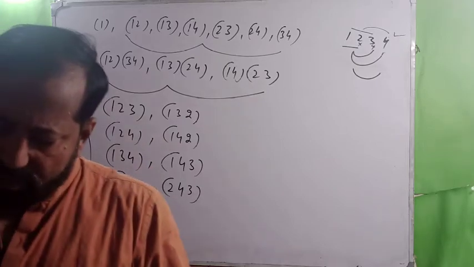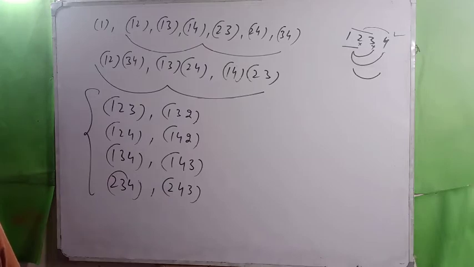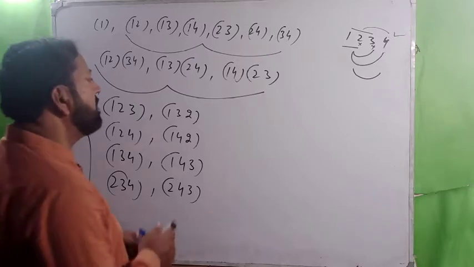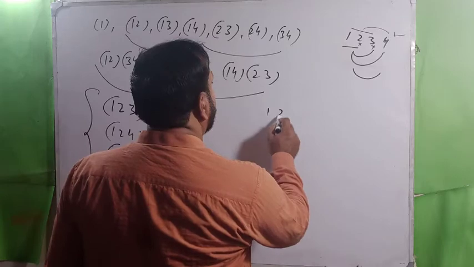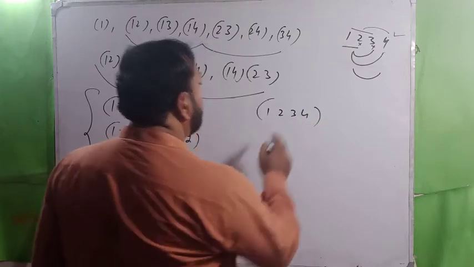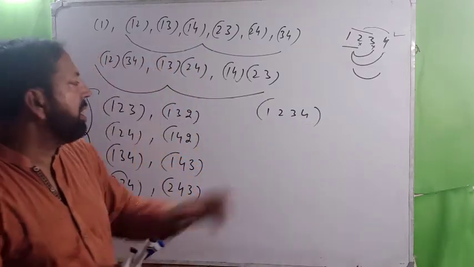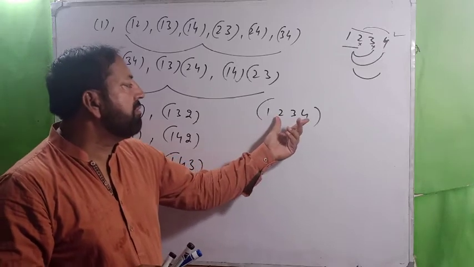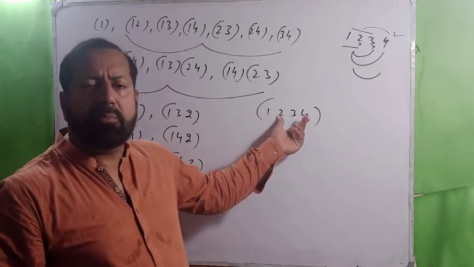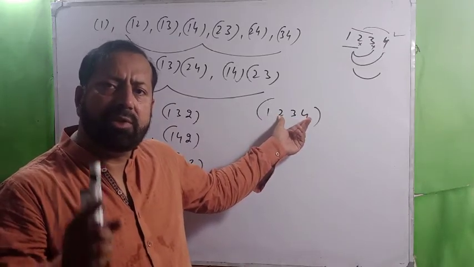Okay. Then write lastly the permutations of cycles of length 4. These are (1 2 3 4). To write this, you keep 1 as fixed, and then 2, 3, 4. How many permutations can we find with the help of 3 elements? 6.